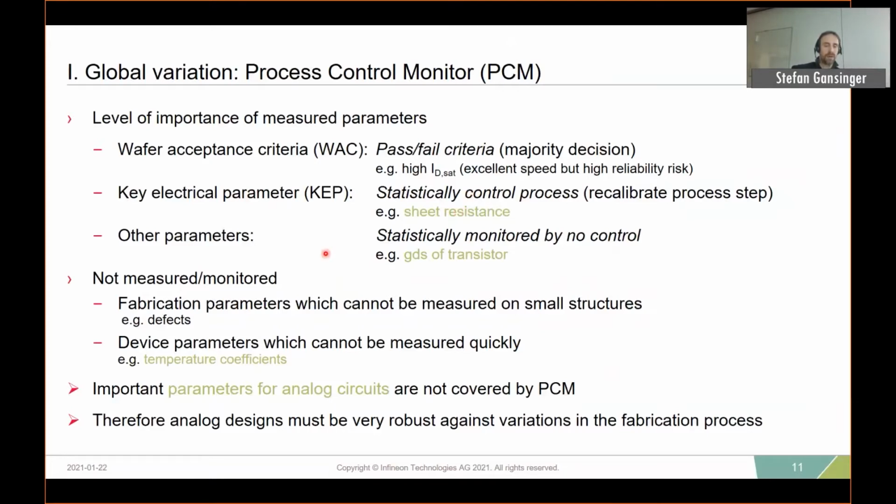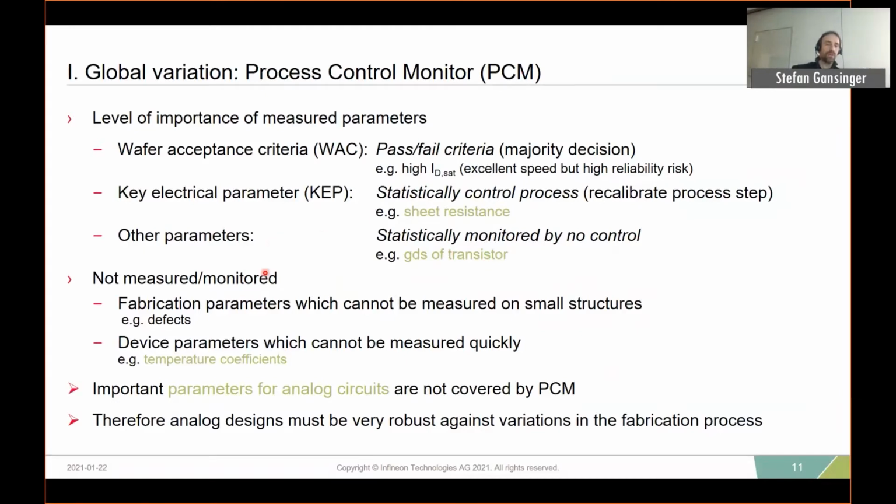And the third category, the other parameters, are monitored, but there is no control for them. For instance, in analog design, GDS is a very important parameter. This is monitored in the PCM structure, but there is no control of this.